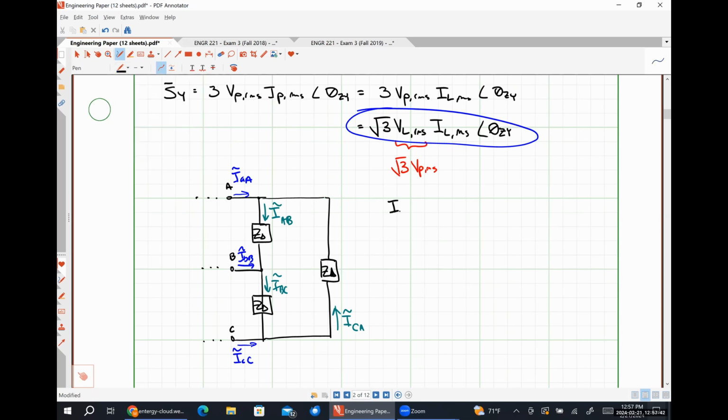So I can see pretty easily that my line current, IAA, is just IAB minus ICA, which is nothing more than IAB times 1 minus 1 angle negative 240 degrees. Can anybody remind me what that is? Because we used that last class meeting. Yep.